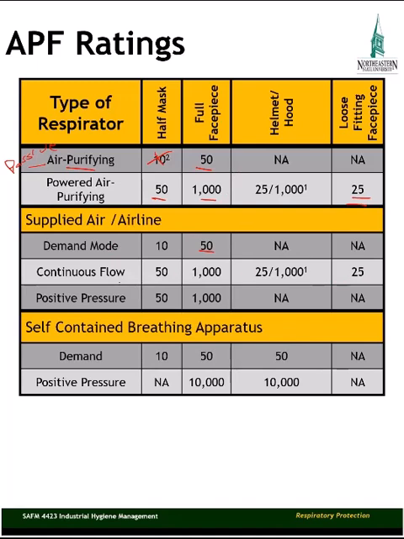We could use any of the continuous flow supplied air respirators or any of the positive pressure supplied air respirators. Self-contained breathing apparatus, we could use all of those except for the demand styles SCBAs with a half mask. So that gives us a lot of options.